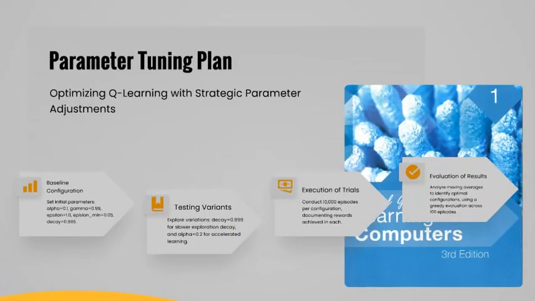Looking at the parameter tuning plan, we are optimizing the Q learning with strategic parameter adjustments. But first, we want to make sure that our environment works. So before training, I ran a 10-step random policy rollout.